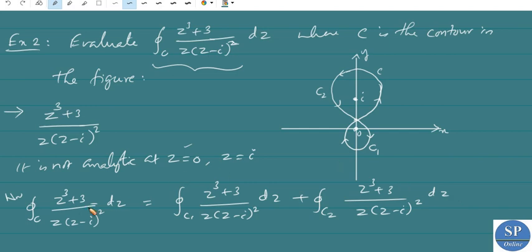So we can write this integral over C as the integral over C1 plus the integral over C2.